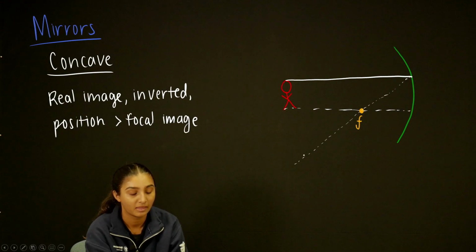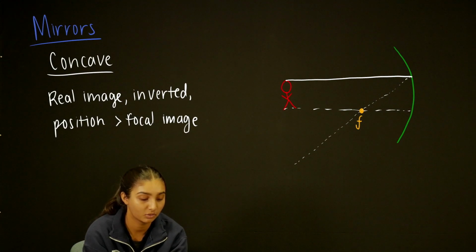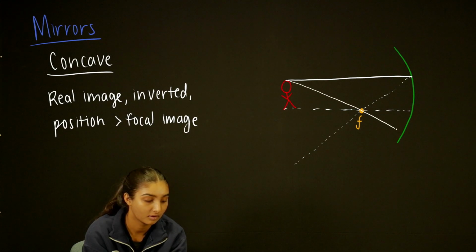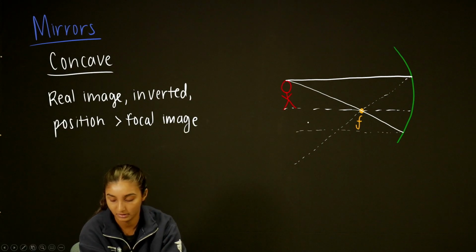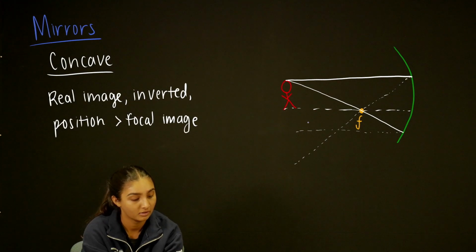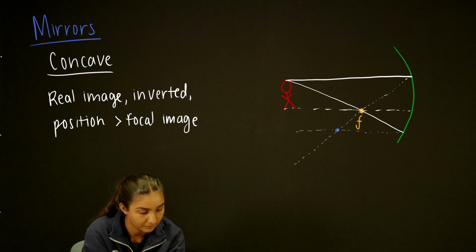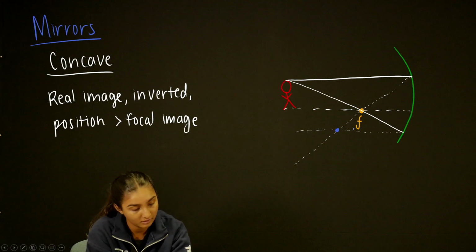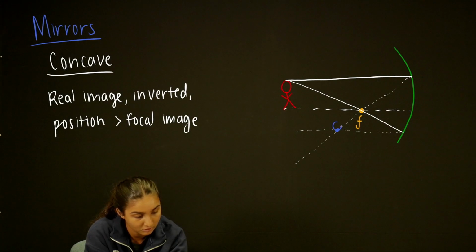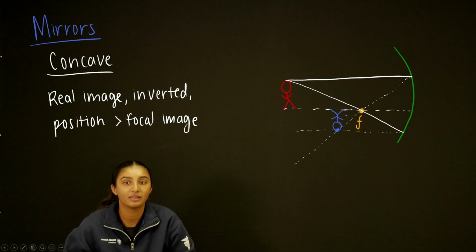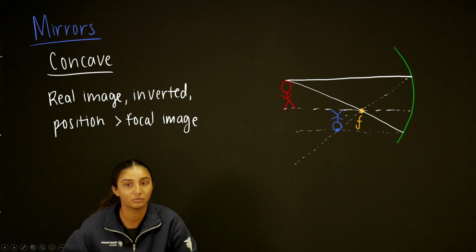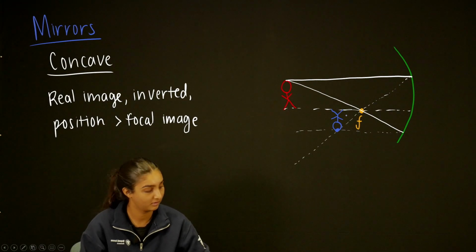Kind of like that. And then the next one is going to go through the focal length, and it's going to reflect parallel. And then you find the point of intersection. So for us, it's right over here. And then we draw our image, which is going to be inverted, like we said. And that's the image we get if it's real and it's a concave mirror.